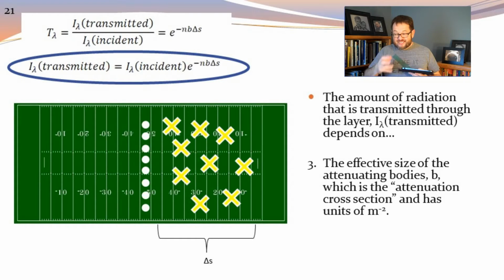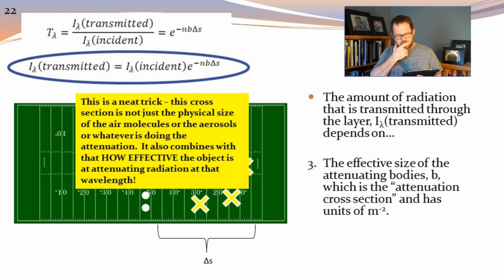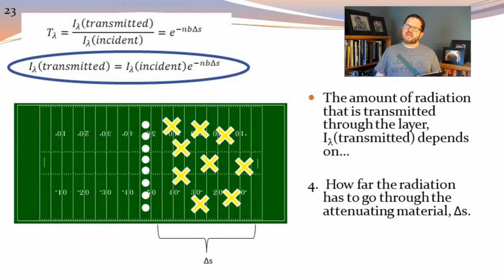It's a combination of physically how big the molecules are and a factor that describes how good they are at absorbing radiation at that particular wavelength. This is a pretty neat trick. This cross-section here is not just the physical size, it is a weighting that describes how effective they are, basically. I forgot I had a particular slide that actually said that.